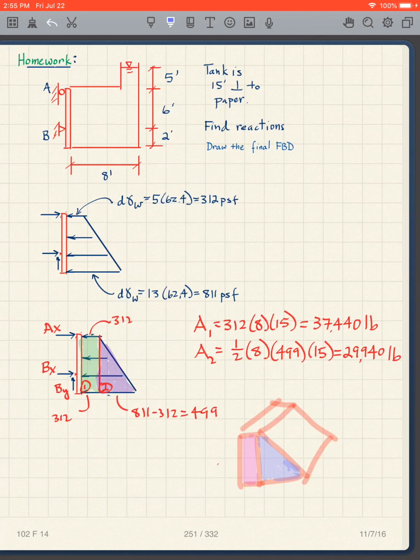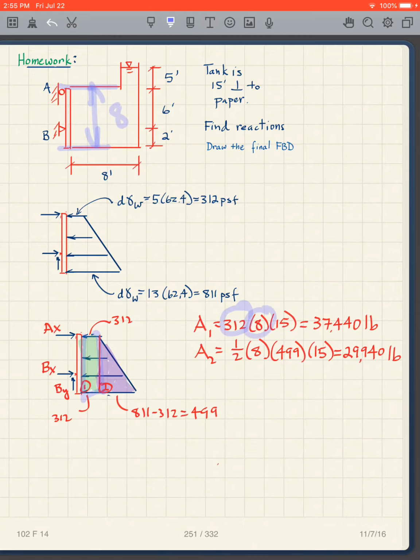I find the area of this, which is 312 times the length of the height of the wall, which is 8.